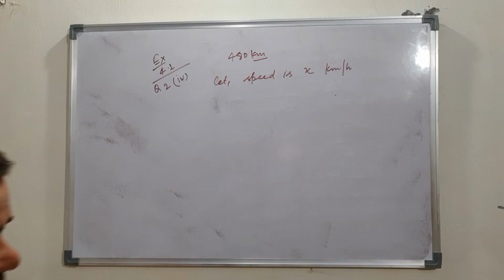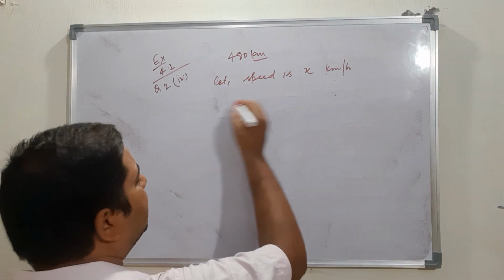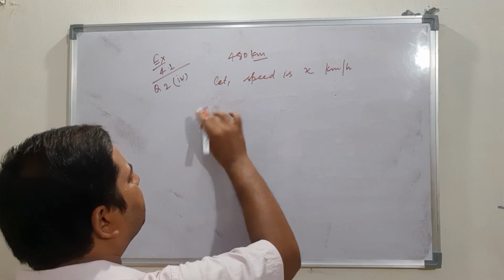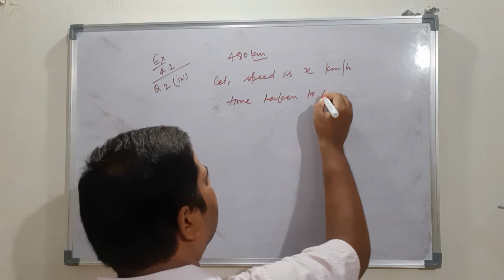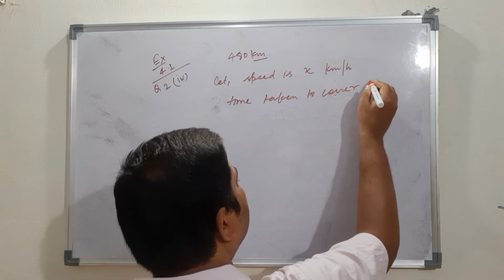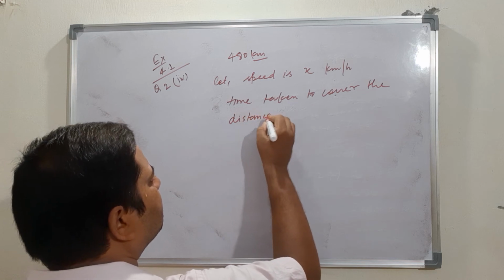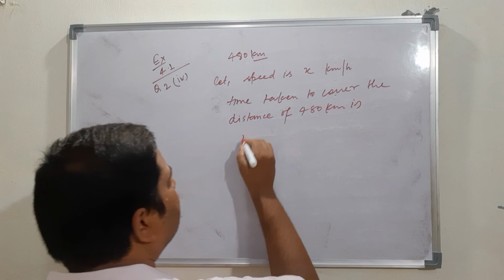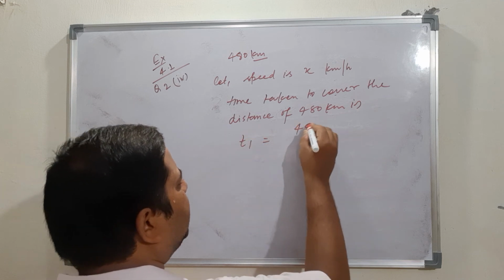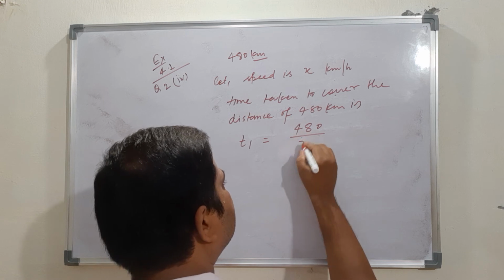Then, according to the question, the time taken to cover the distance of 480 km is T1 equal to 480 upon x.